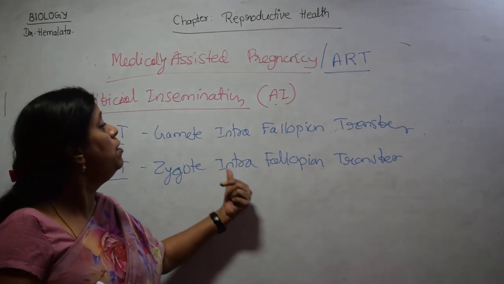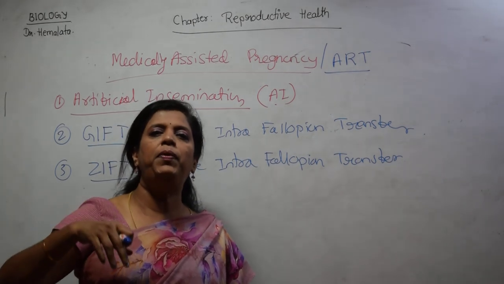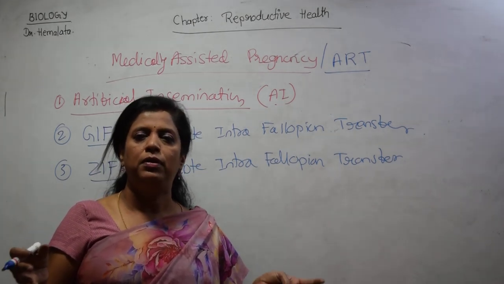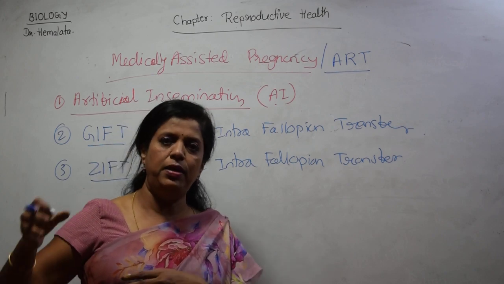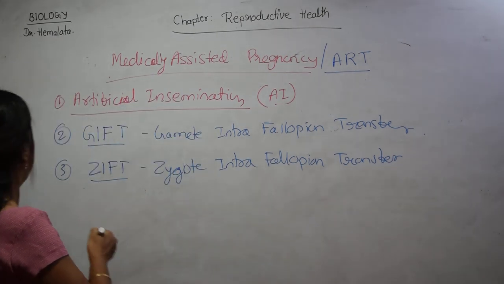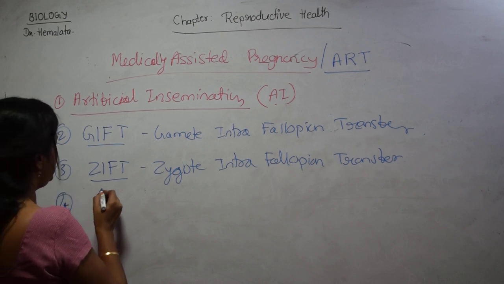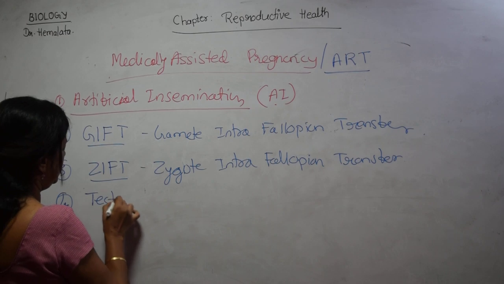The zygote is transferred to the fallopian tube so that it can get implanted on its own naturally and then conceived. That is a natural way. Half the way they are assisting it. Then the last one, but we are getting very positive results from this, is the test tube babies.